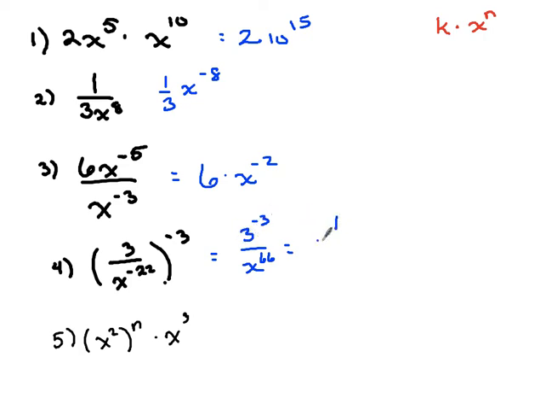So now I end up with 1 over 3 to the 3rd power. Remember, if you move from numerator to denominator or vice versa, it changes the signs. So now I get 1 over 27 x to the 66th power. And if I'm trying to match my k times x to the n power, this would be 1 over 27. And then I'll have to move this 66 up to the numerator. And that would make it negative 66.